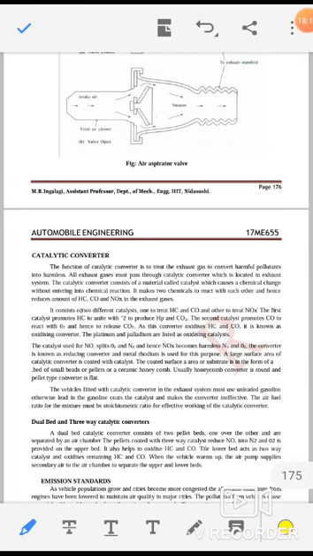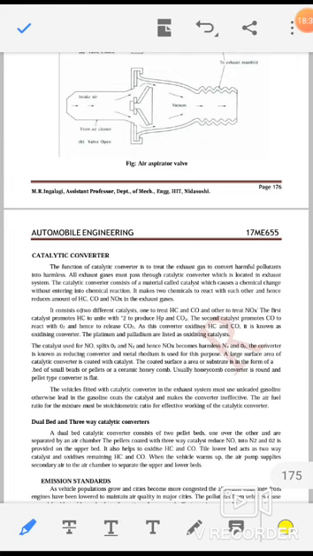Likewise, catalytic converters are used to convert CO, HC and NOx into hydrogen, water vapor, CO2, nitrogen and oxygen, which are not harmful to the atmosphere.